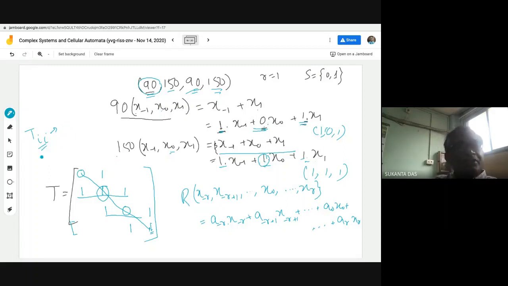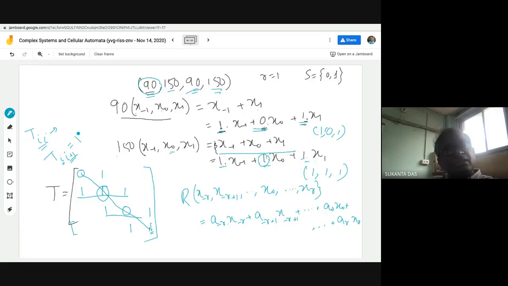And if I write here, say T I, I plus 1, it says whether cell I depends on I plus 1 or not. If it is 1, then it depends on it, otherwise not.